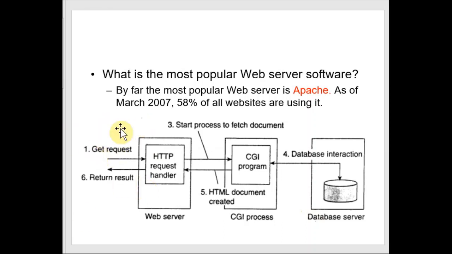Usually the request is received as an HTML form, and it specifies the program that is to be executed at the server side along with the parameter values that are filled in by the user. Once the form has been completed, the program's name and collected parameter values are sent to the server.